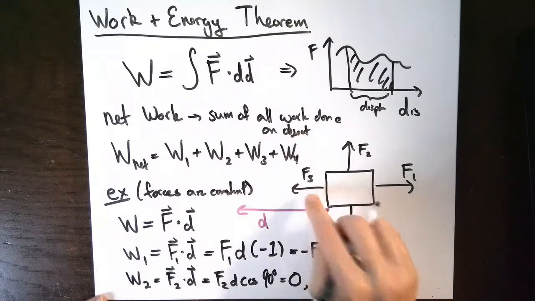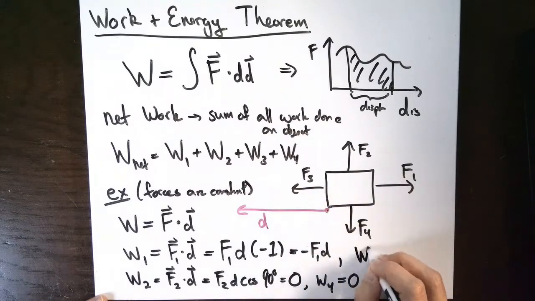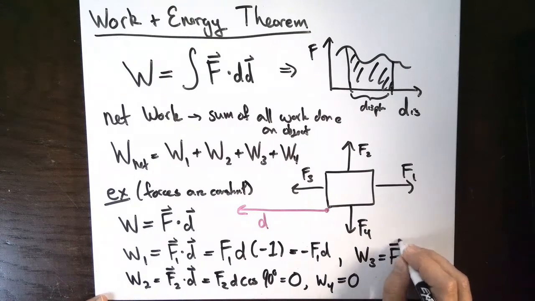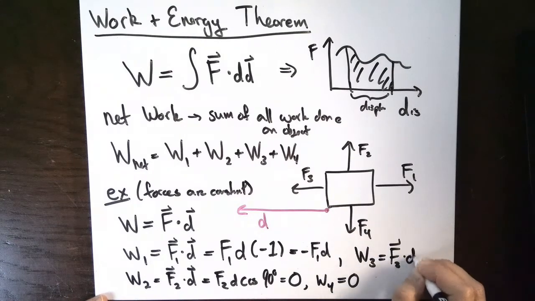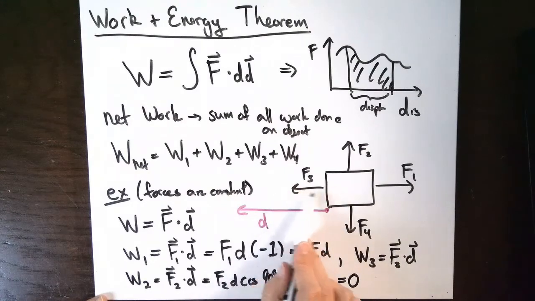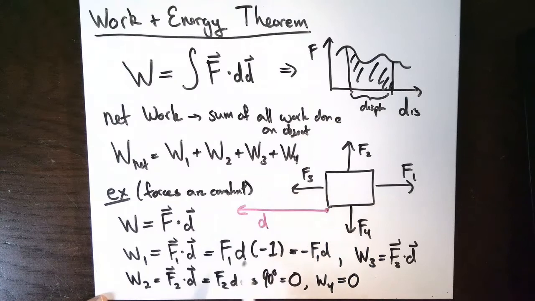So that leaves just this third force. So what is the work done by that third force? Well, it is force 3 dotted with the displacement vector. So their magnitudes times the cosine of the angle between them, but the cosine of the angle between them is the cosine of 0 because they are both pointed in the same direction. And the cosine of 0 is just 1.